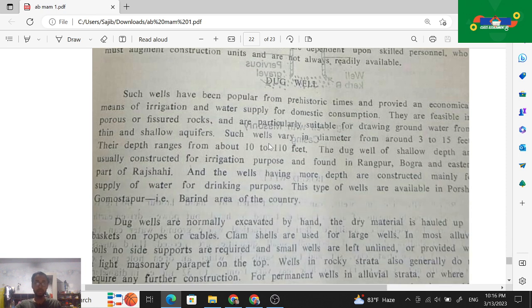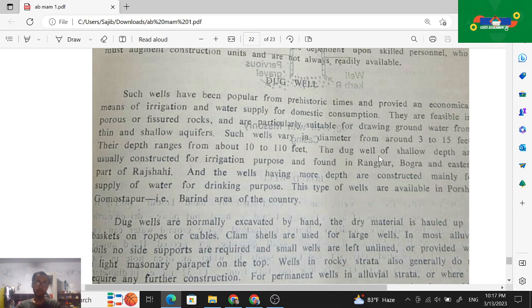Then drag wells. Such wells have been popular from prehistoric times and provided an economical means of irrigation and water supply for domestic consumption. They are feasible in porous or fissured rocks, and particularly suitable for drawing groundwater from thin and shallow aquifers.